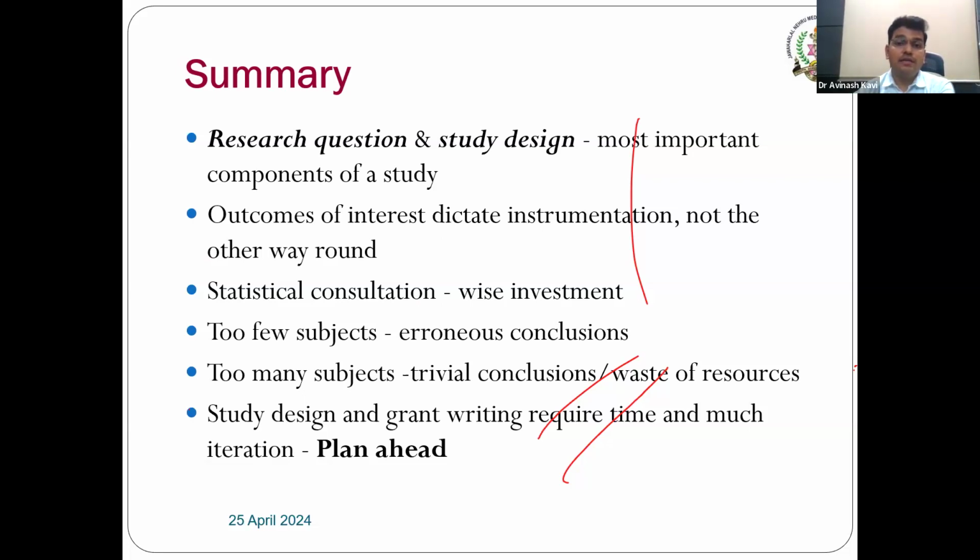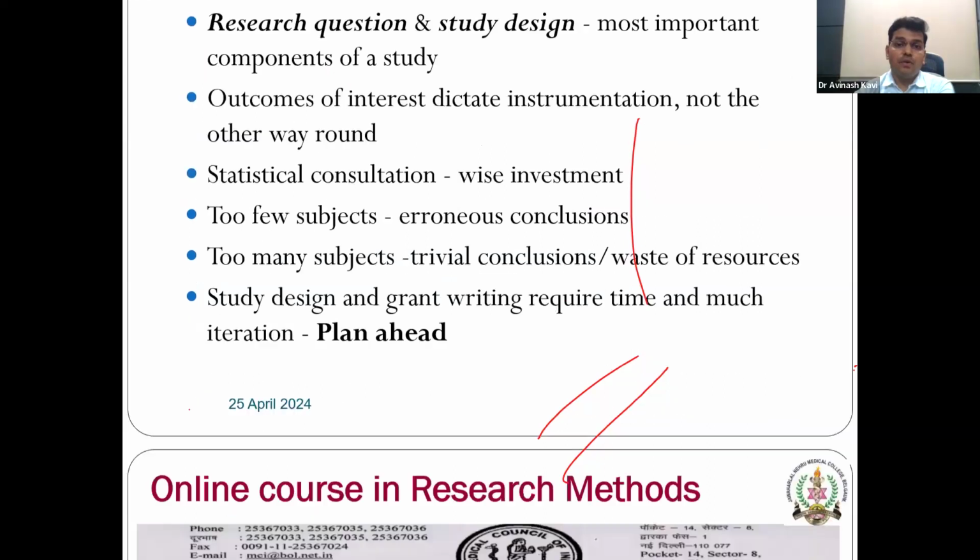And statistical consultation is definitely a wise investment. And as I mentioned, too few or too many gives erroneous conclusions. And study design and grant writing require time and much iteration and consulting professionals. So we should plan ahead before we actually step into any of this research.